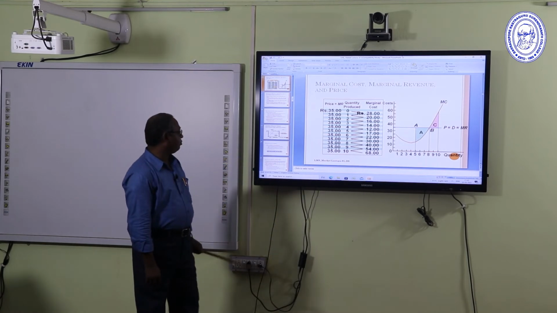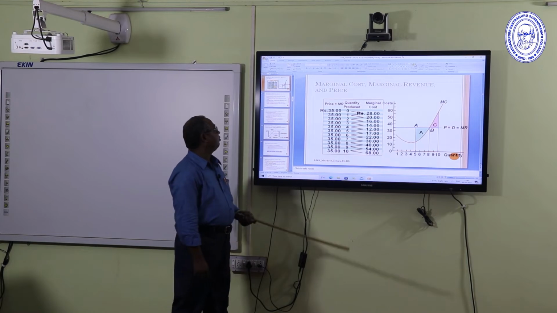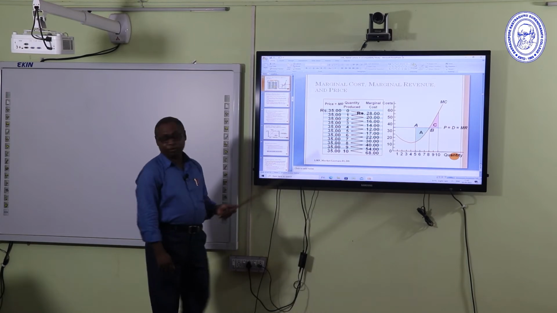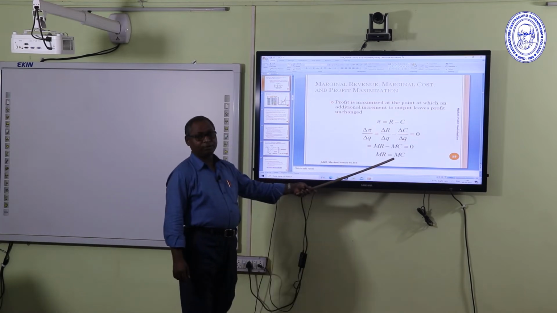And if we want to find the equilibrium, then where will we get it? As we found in the earlier slide, it is at MR equals MC.